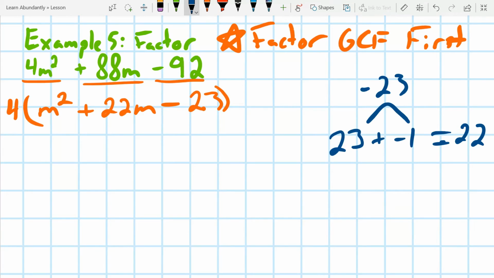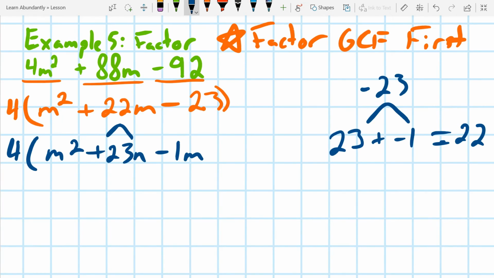So when I split this up, I'm going to go ahead and split it just like I would normally. Now we could just jump right to the answer, but I'm going to split it. And we end up with m squared plus 23m minus 1m minus 23. Now from here, we need to take something out of the first two and something out of the second two.